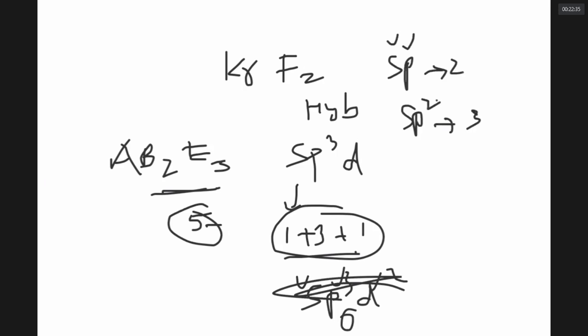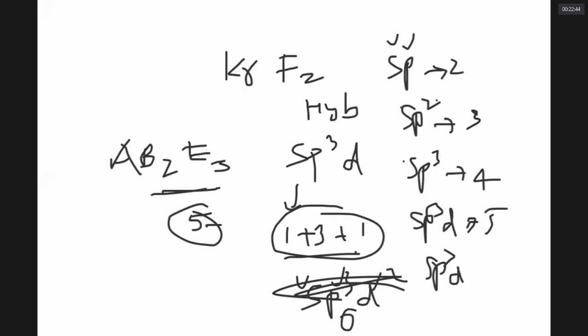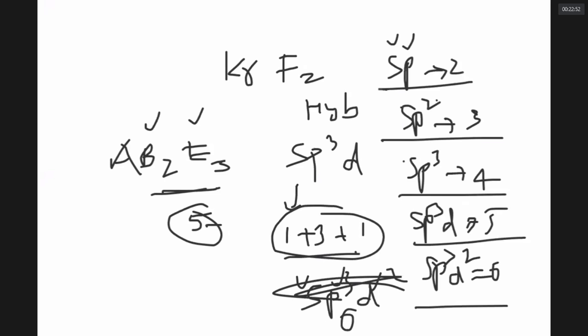One s, 2p, sp3, sum is 4. sp3d, sum is 5. sp3d2, sum is 6. The sum should indicate the type of hybridization. Can you see that clearly? Yes, sir. So, KrF2, AB2E3, hybridization is sp3d, shape is linear.